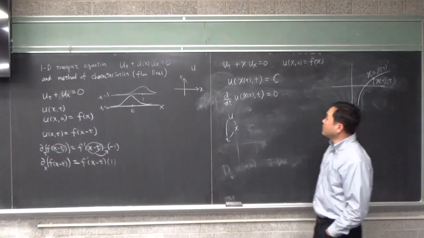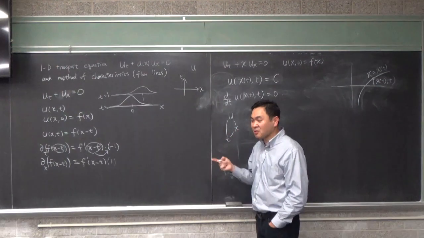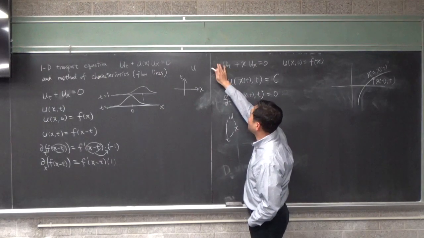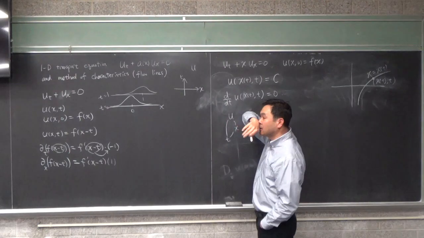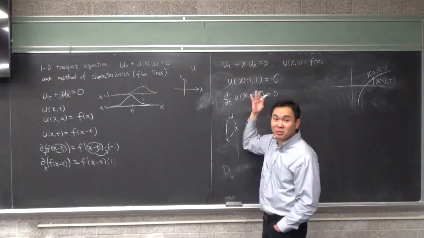By the way, once you see this, you can think of a more general situation where this is also a function of t or something. In that case, you may have to involve a third variable.